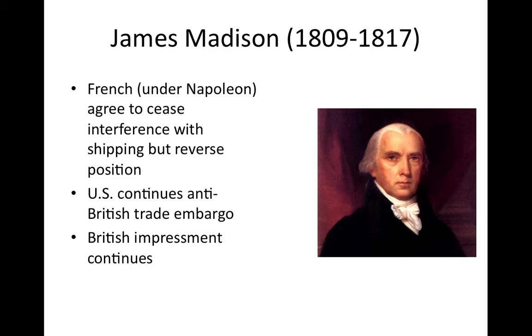The U.S. continues its anti-British trade embargo after temporarily suspending its anti-French trade embargo, although it serves no purpose because the French reversed their position and continue to attack American ships. And British impressment continues as well. So nothing really gets better, is my point here, under Madison with respect to what's happening overseas to American shipping as the British and French are at each other's throats.